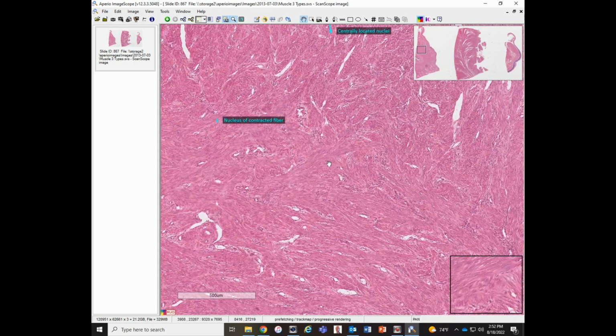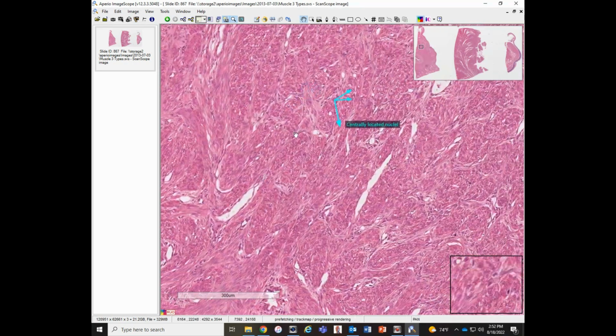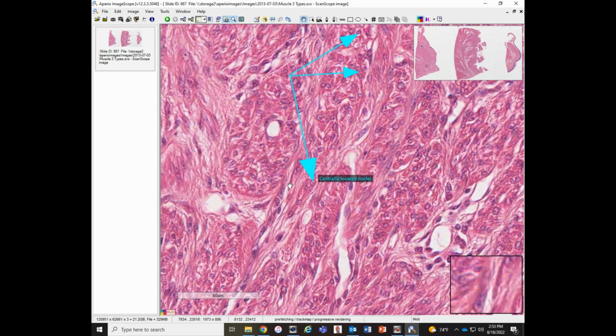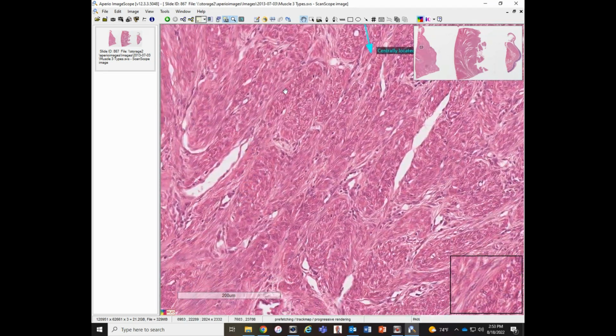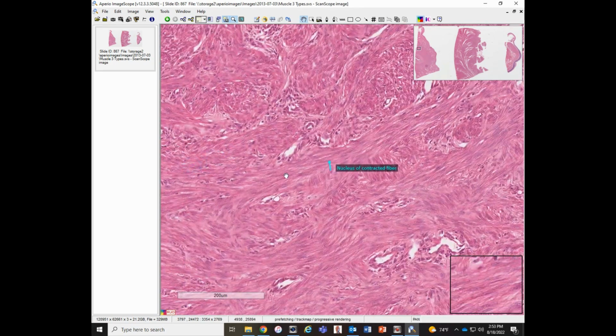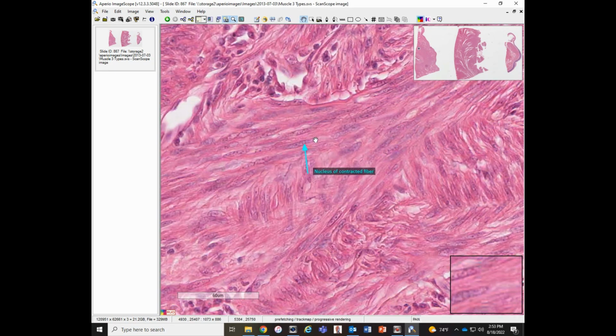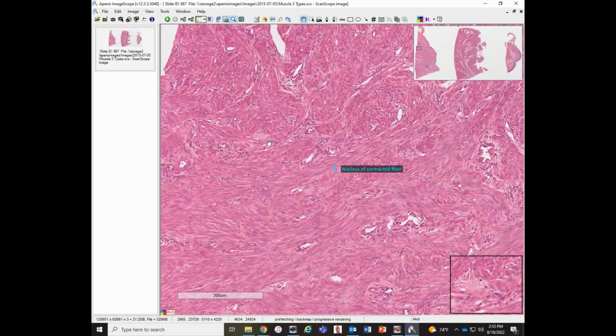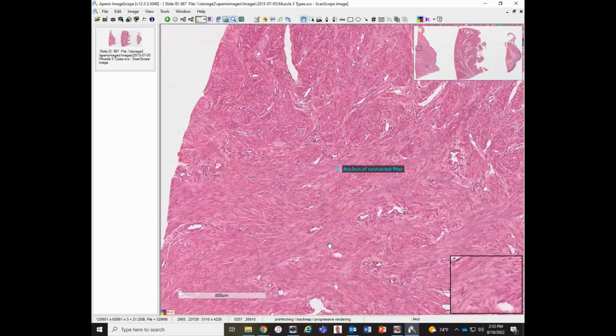So if we take a look up here in the self-guided area, we can see, once again, the nuclei have been caught in cross-section here. We've got them a little more longitudinally over here. And that gives them that elongated appearance when they're in longitudinal cut. But you can notice that smooth muscle is taking multiple different courses through the wall of the gallbladder here.